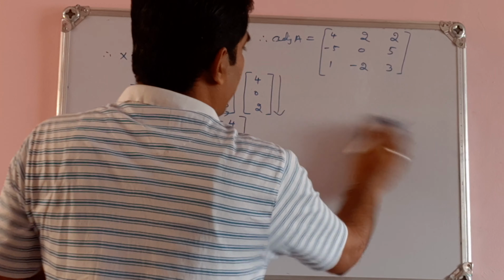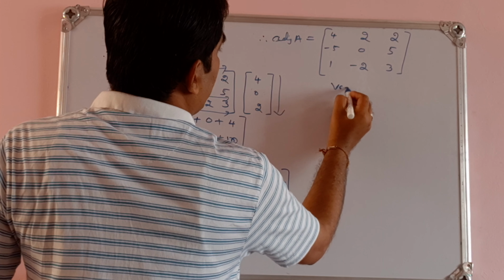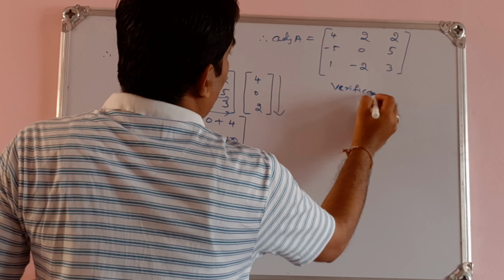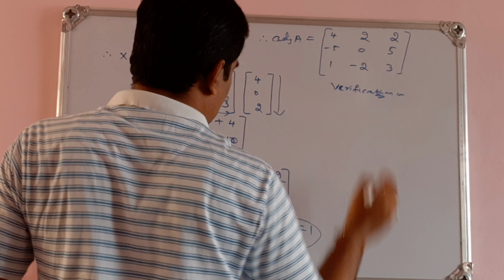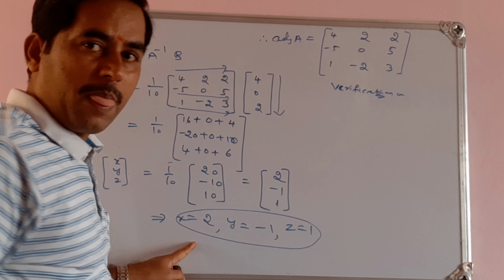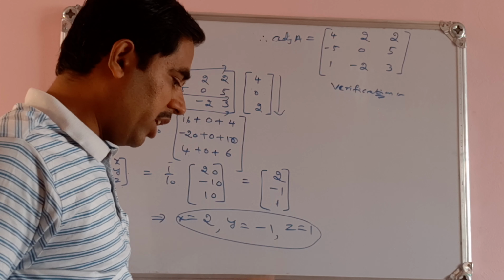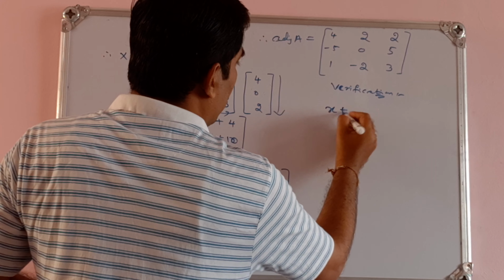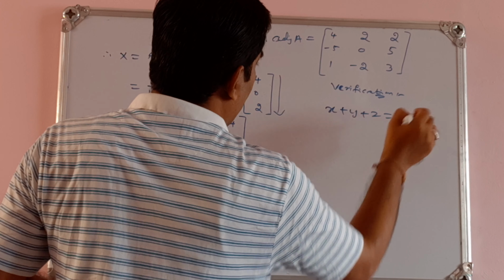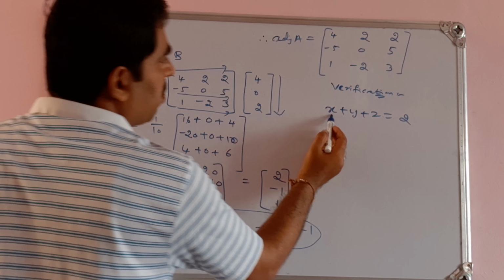As I told you, here we can verify whether these values hold good or not. So let us verify for our convenience. Substitute these values, x equal to 2, y equal to minus 1, z equal to 1, in any one of the equations. I will consider the last equation, x plus y plus z is equal to 0.